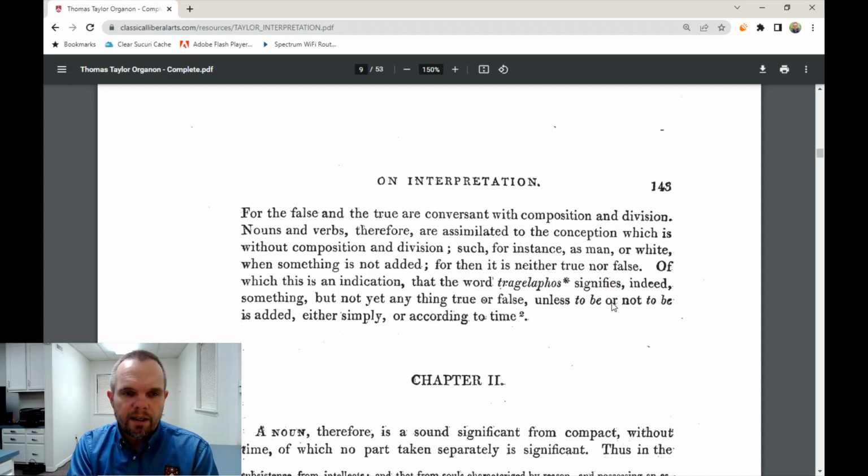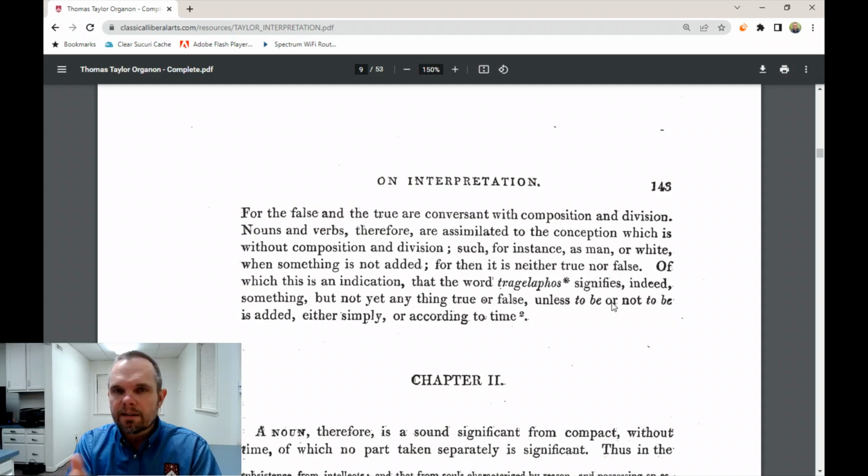So if I say, the sun is not hot, I take sun and hot, and, this is kind of confusing, by joining them together with is not, I'm actually dividing them, and I'm saying these two things don't go together. The sun and hot don't go together. I'm dividing them. And the way that I do that is by expressing the judgment.